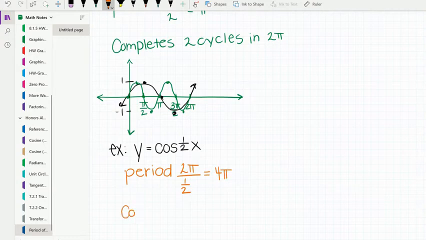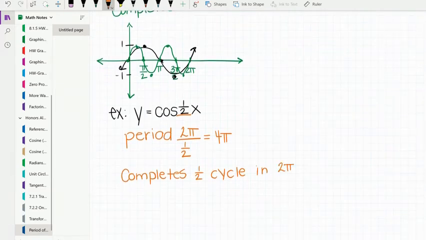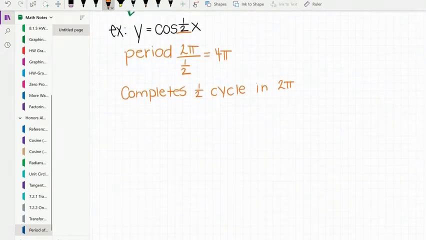And this means that, because of the 1/2, it completes 1/2 of a cycle in 2 pi.